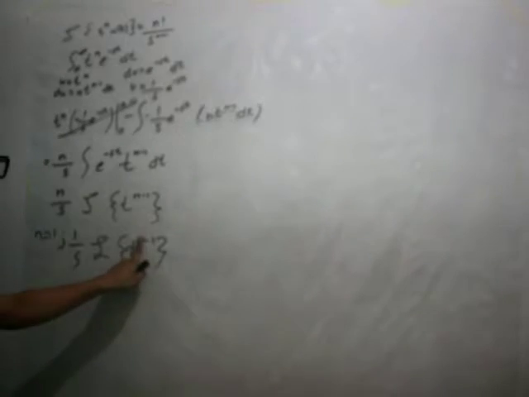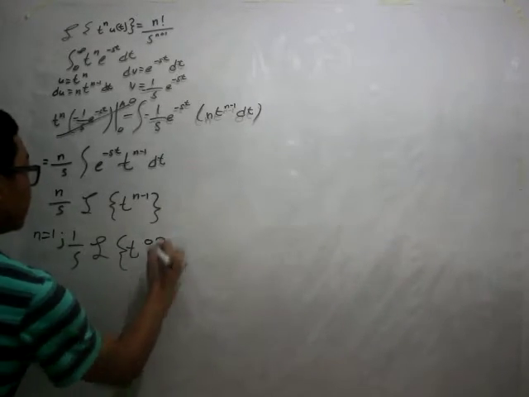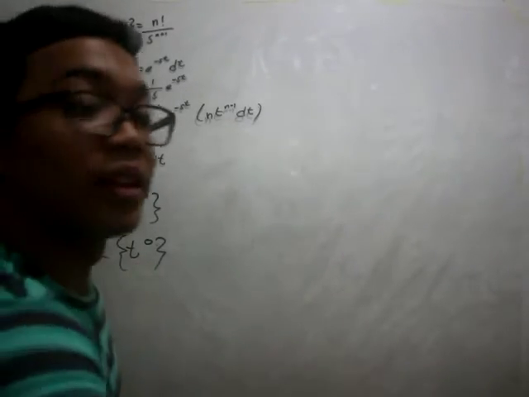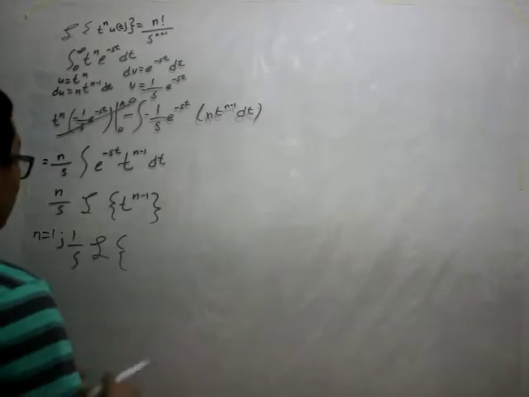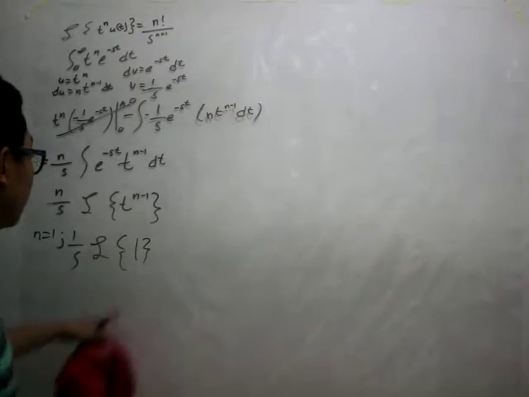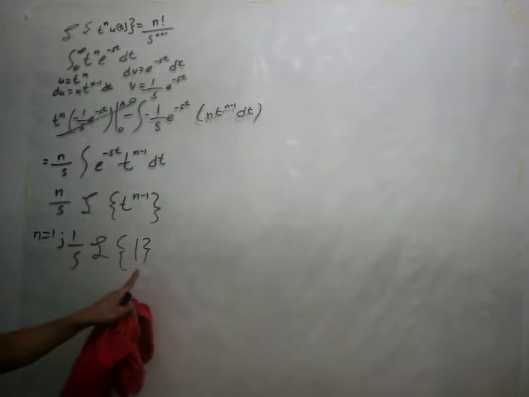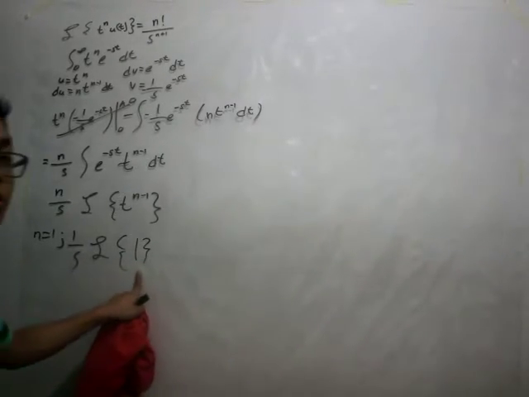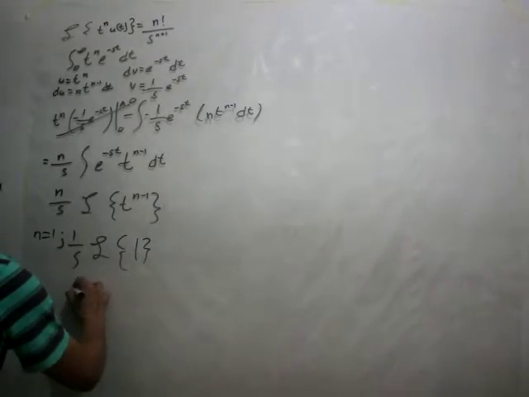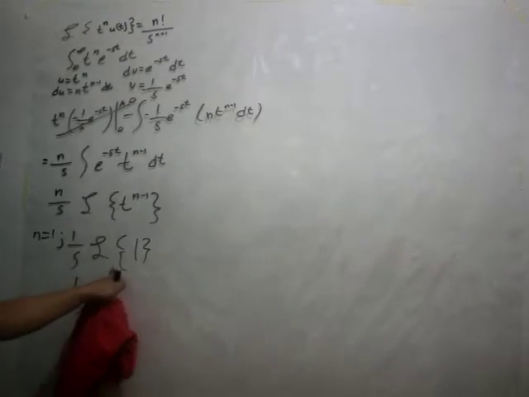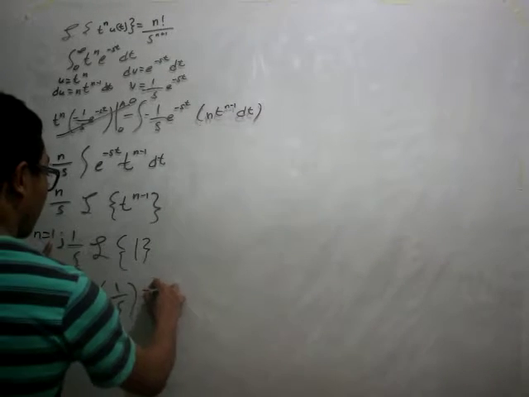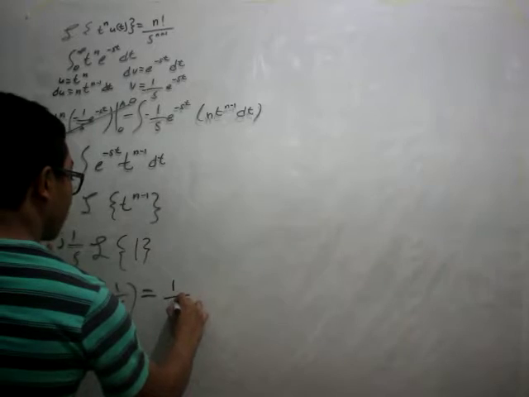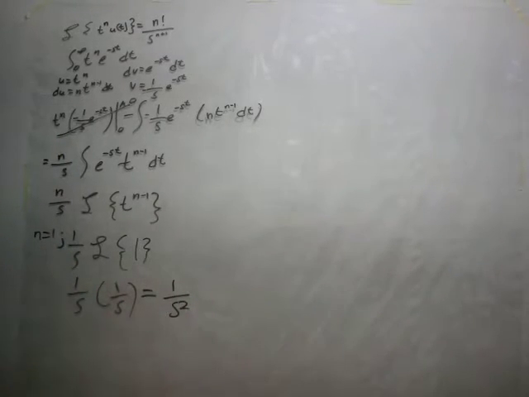So 1 minus 1 is 0 and t raised to 0 is 1. As you can recall, the Laplace of 1 is equal to 1 over s. So 1 over s times 1 over s is 1 over s squared. So when n is equal to 1, our value is 1 over s squared.